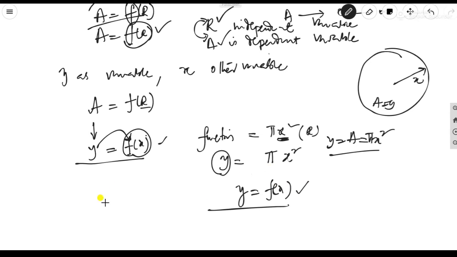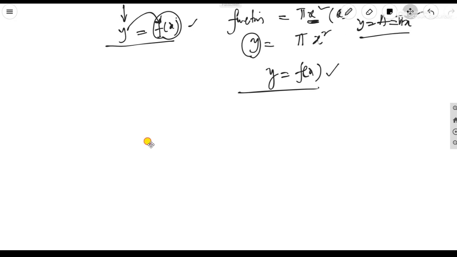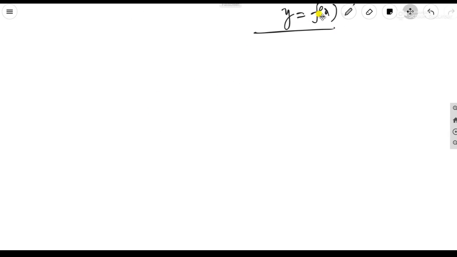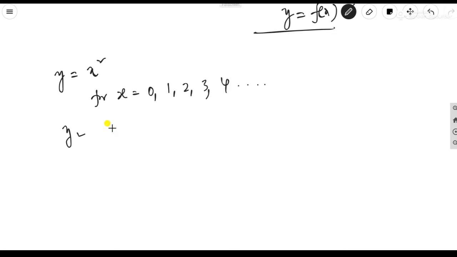So we can take one more example. Suppose y is equal to x square. For x equal to some values like 0, 1, 2, 3, 4, what will y be? It is 0 first.